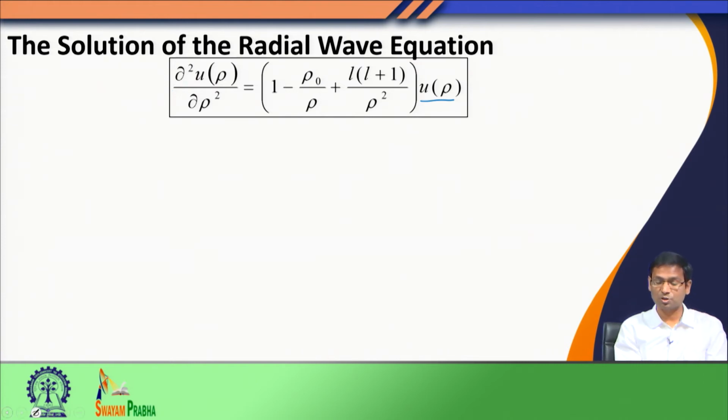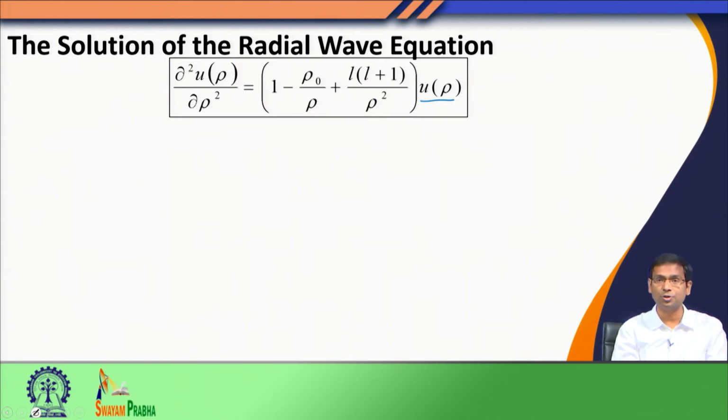The way we will solve this equation is that we would first break it down to its asymptotic solutions. That means we try to find the solution of this equation when r, the distance between electron and nucleus, is very large, and when r is very small.